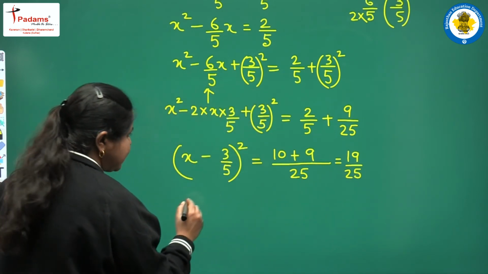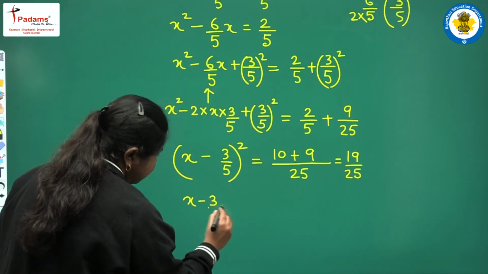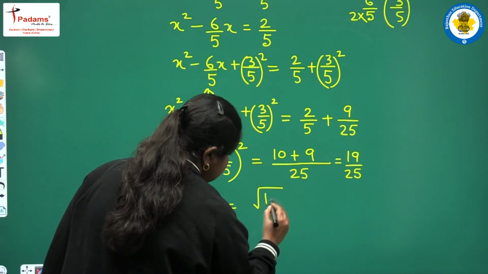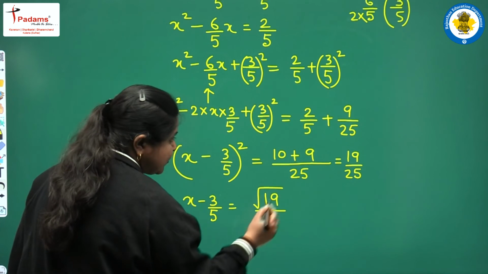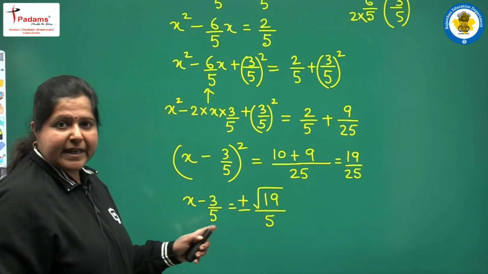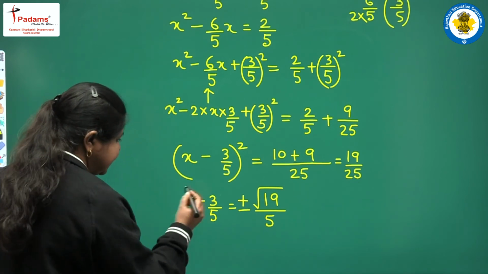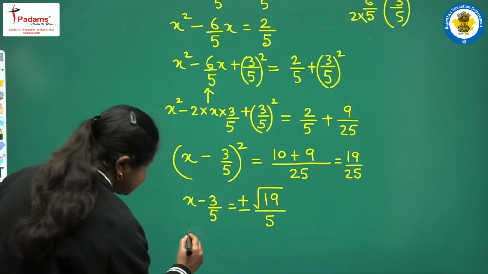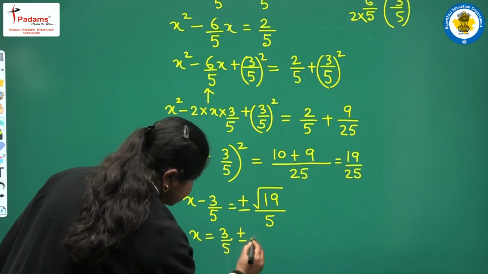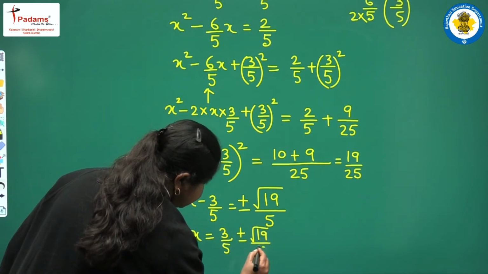Now take the square root, x minus 3 by 5 is equal to square root of 19 and square root of 25 is 5, and we will be taking both the values plus and minus. यहाँ से take the constant to the RHS, x will be equal to 3 by 5 plus minus root 19 upon 5.